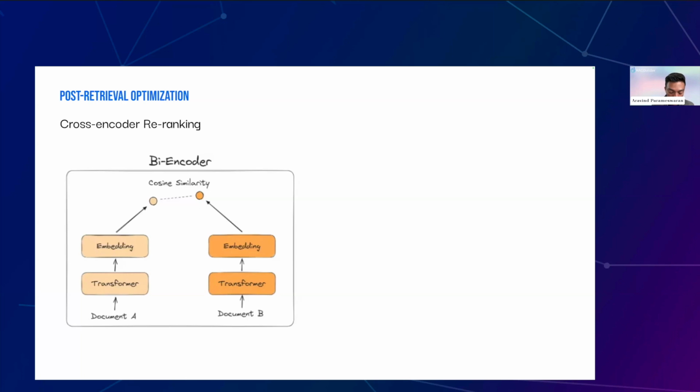However, the problem with this approach is that since we are taking almost a page-long or paragraph-long piece of information and transforming it into one single vector representation, there's possibly some loss of semantic meaning. So when we are doing the similarity search, it's probably not going to be as effective.